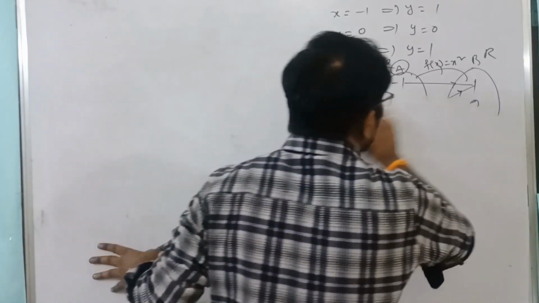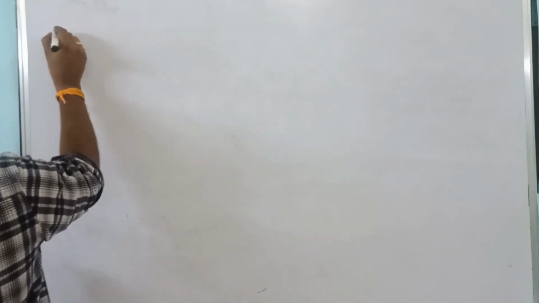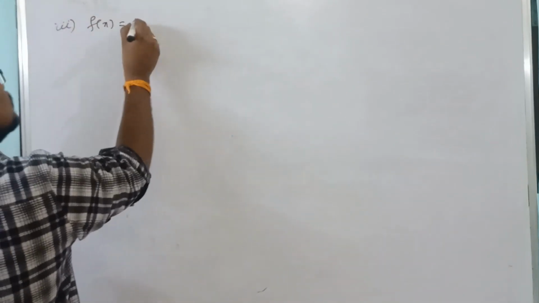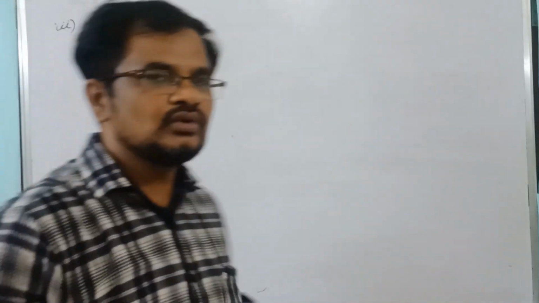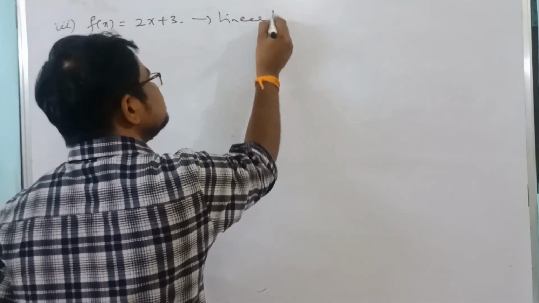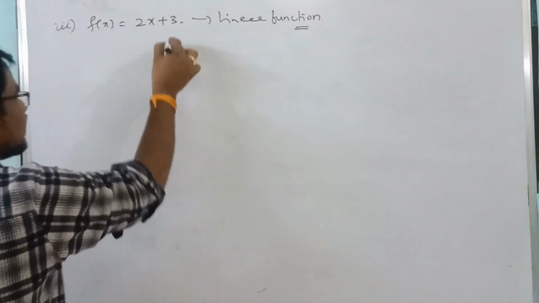And take one more example in this only. Suppose f of x equal to 2x plus 3. This is a linear function. Draw the graph of this one.